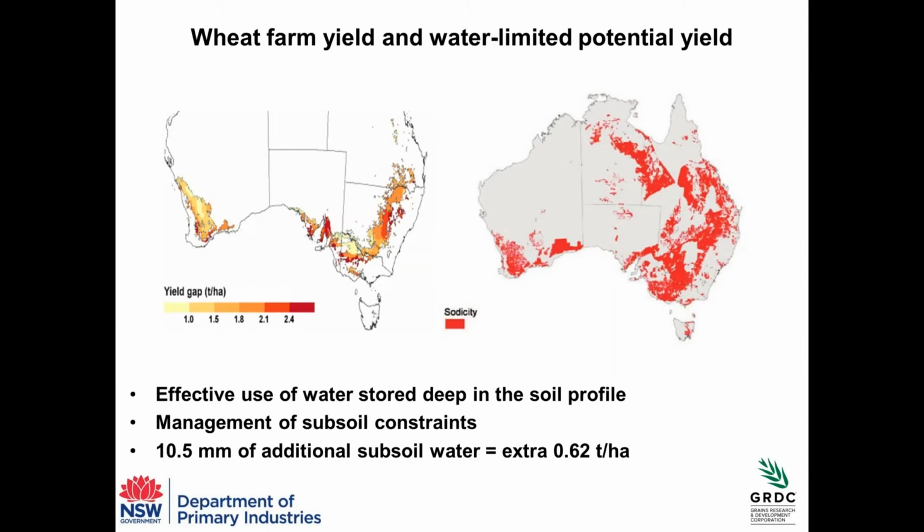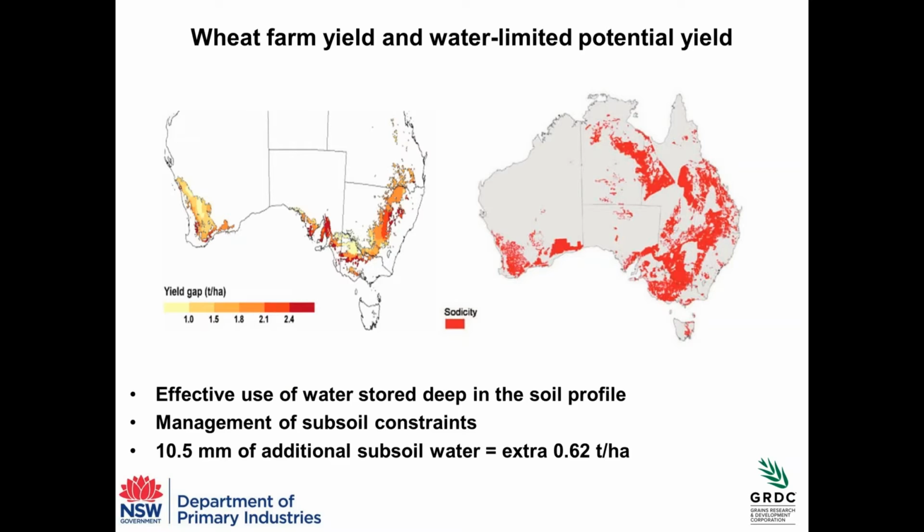On the left-hand side is a yield gap map of Australia. This is work done by modeling by CSIRO scientists, and what it shows is that across the wheat belt of Australian farming systems, from Western Australia to the south and east, there is quite a significant yield gap between what we can actually achieve and what we are getting at the moment.